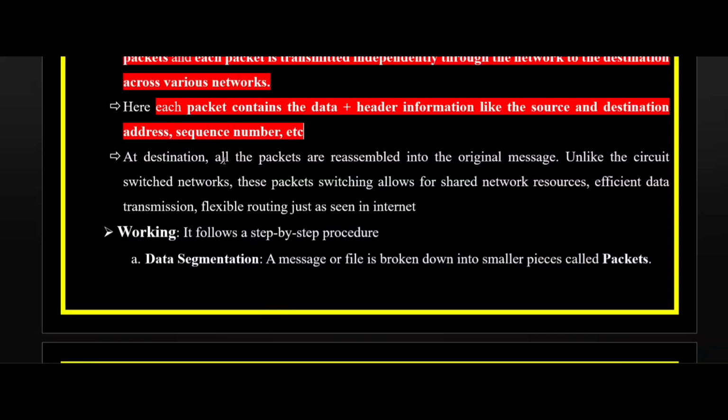At the destination, all the packets are reassembled into a single original message. Unlike circuit switched networks, packet switching allows for shared network resources, efficient data transmission, and flexible routing, just as seen in the internet.